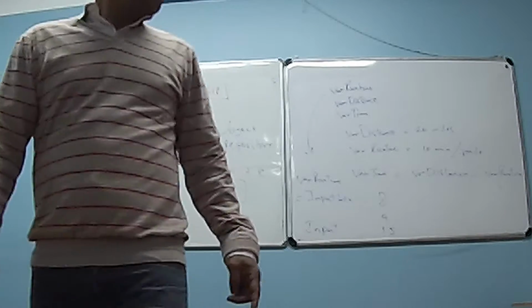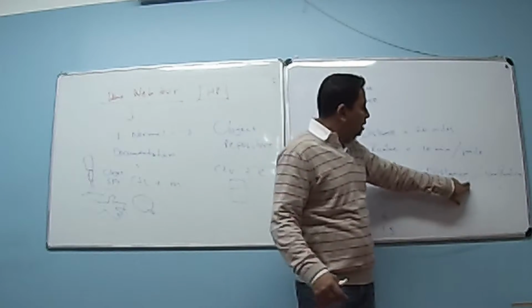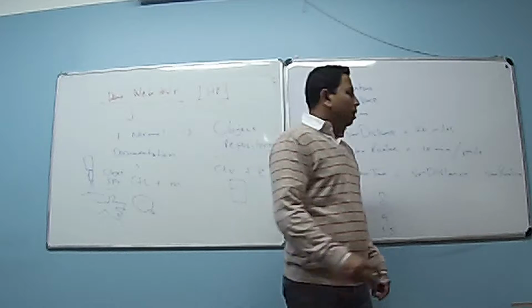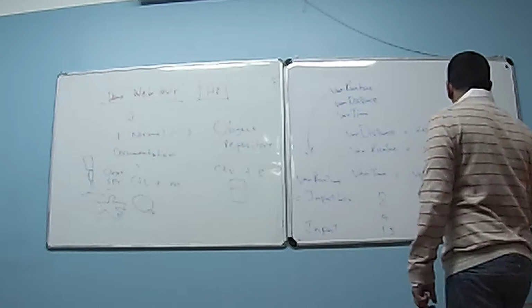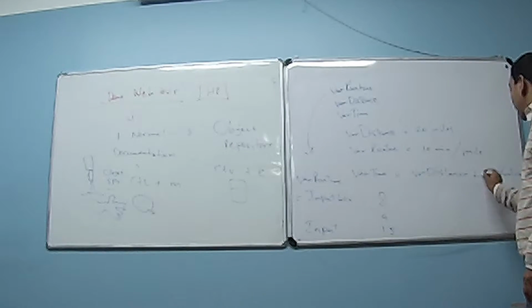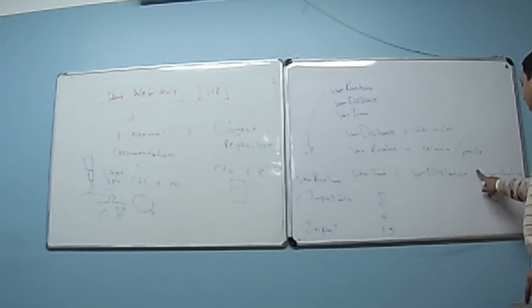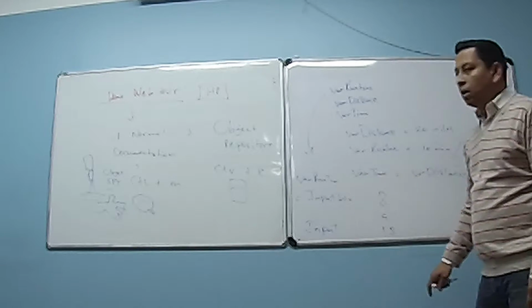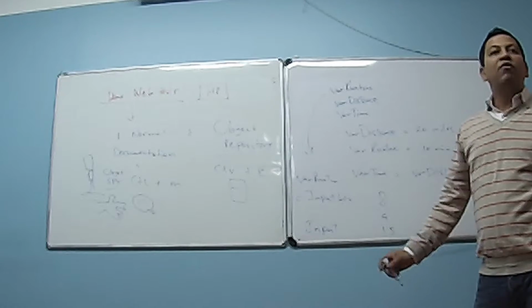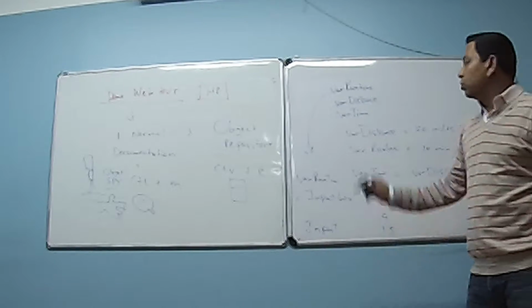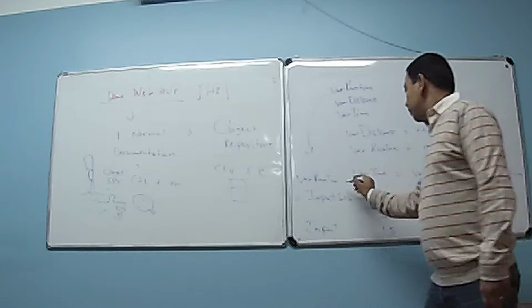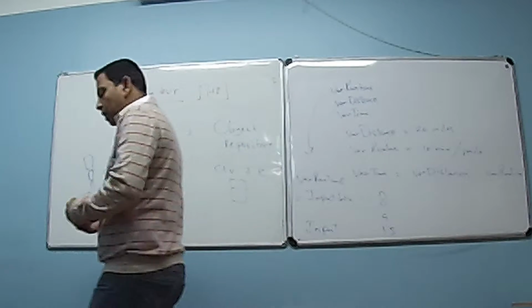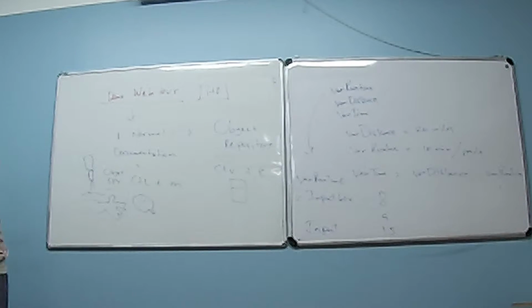So the logical error is this: instead of times, if you put division or plus, that's a logical error. However, when you're writing runtime but you type it wrong, it's going to say I didn't find that variable. That's a syntax error.